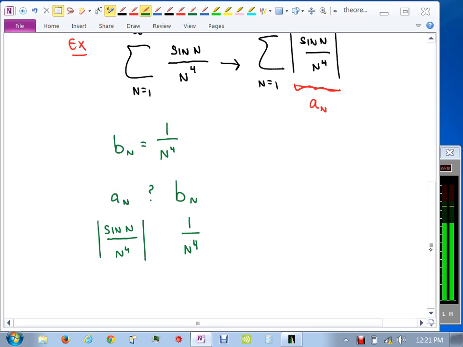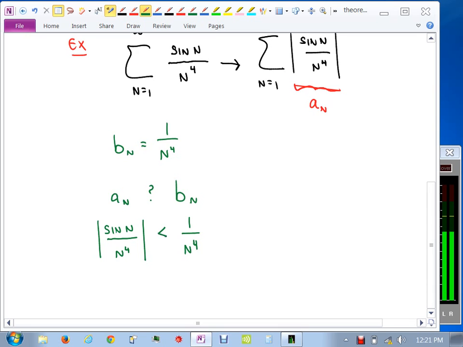Is 1/2 over n to the fourth bigger or smaller than 1 over n to the fourth? Smaller, right? Do you agree? 1/2 over n to the fourth is smaller than 1 over that. So 1 is always bigger than or equal to the top here, which means this fraction is always bigger than or equal to this one, right?